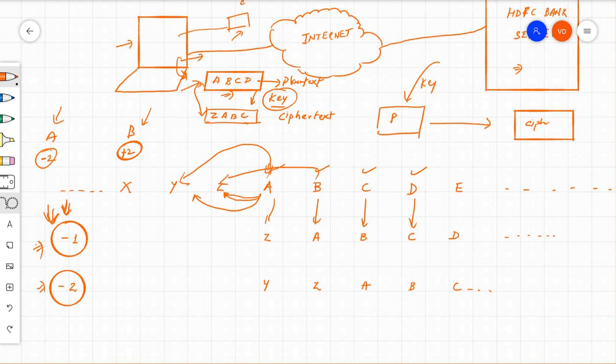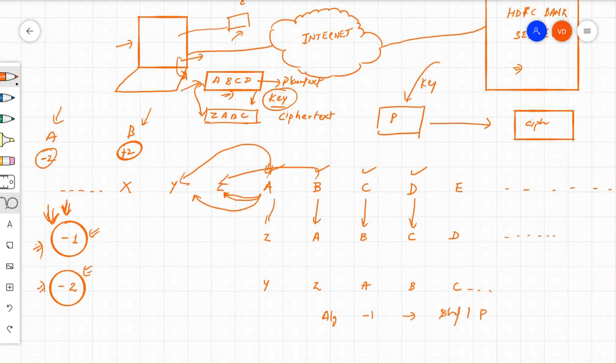You use the key to make it unreadable, and the new message becomes ciphertext. It's as simple as that. Now, the algorithm which we are defining here: I know this is my key value, but what is the algorithm? The algorithm was, when the key value is -1, shift it towards left.